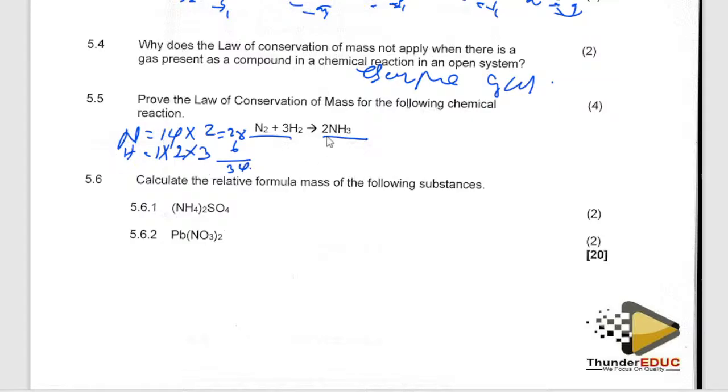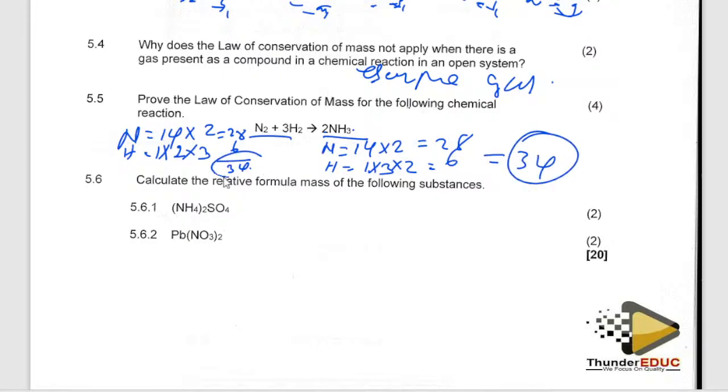What about this side? I have nitrogen, 14 times 2, which is 28. And then hydrogen is 1 times 3 times 2 moles, which gives me 6 still, and gives me 34. So 34 is 34, and the answer is correct.